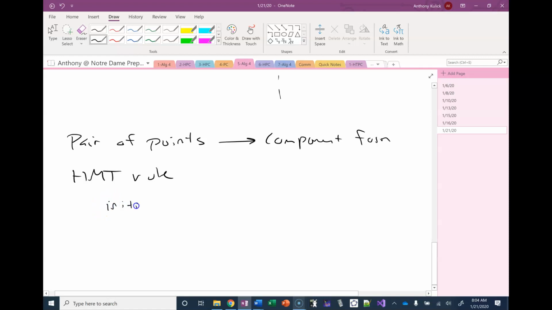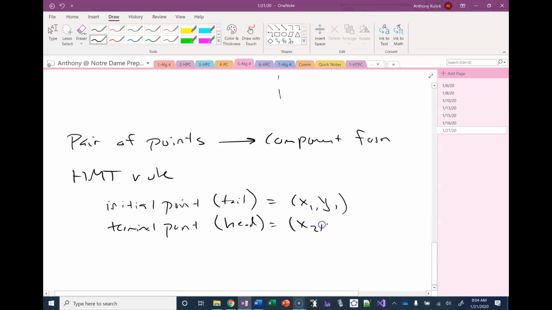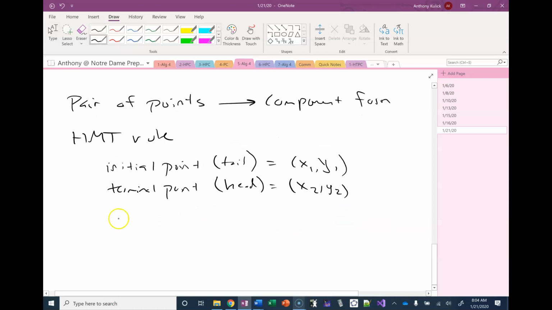So if our initial point or tail of our vector is x1, y1, and the terminal point of our vector or head is x2, y2, then our vector in component form is going to be head minus tail, comma, head minus tail.